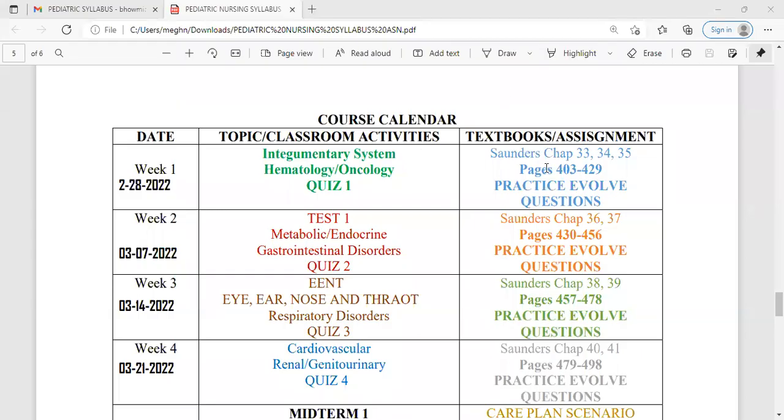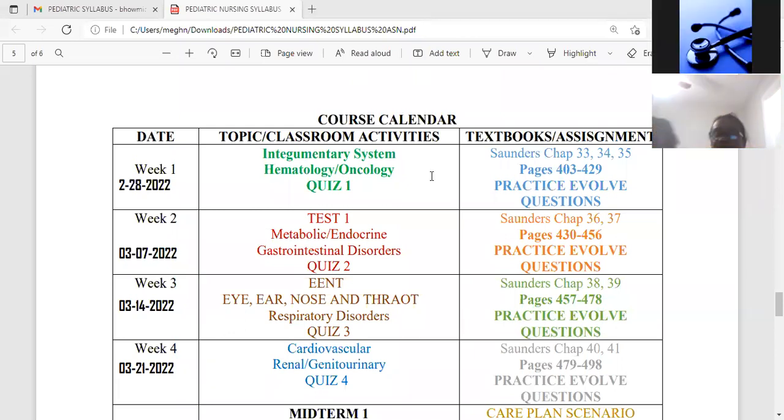So first of all, I want to explain the content, time schedule, and associated information. Everybody can see my laptop monitor, and here we can see the course calendar, right?